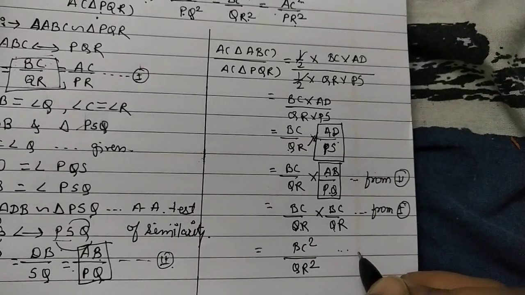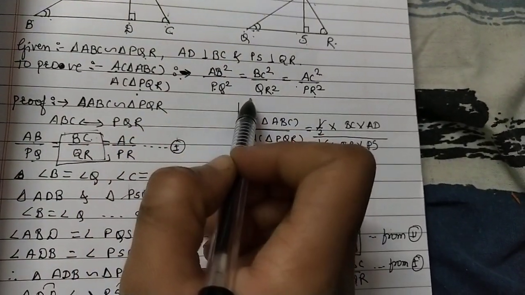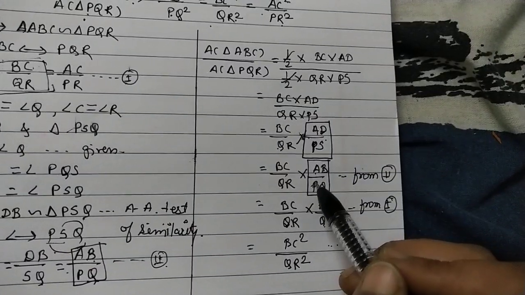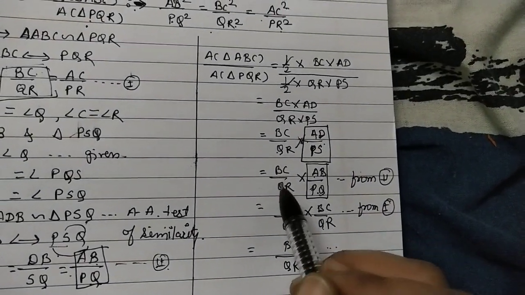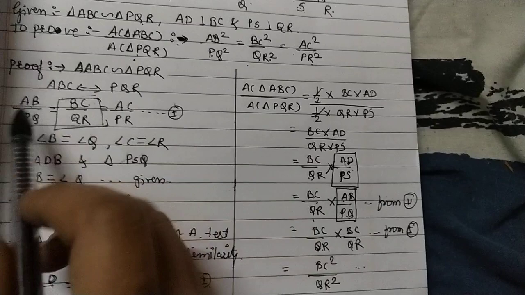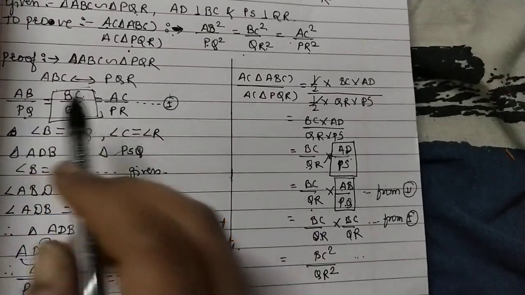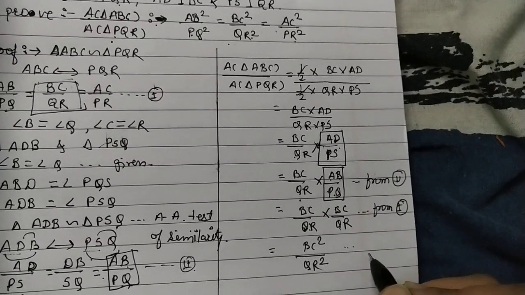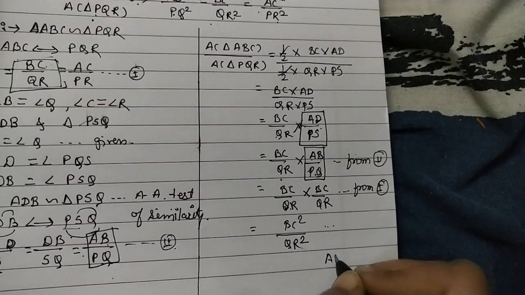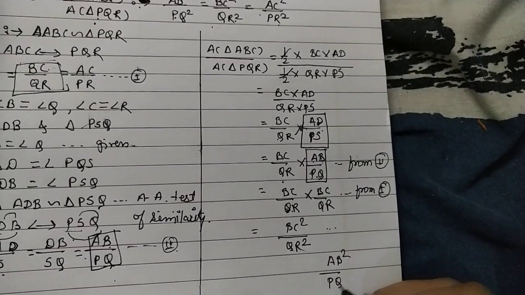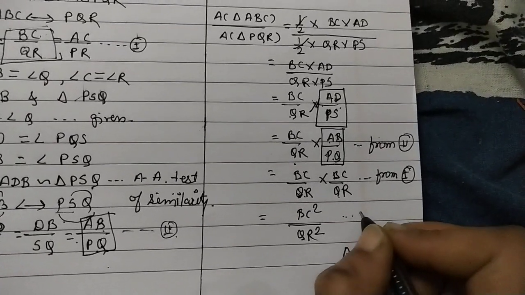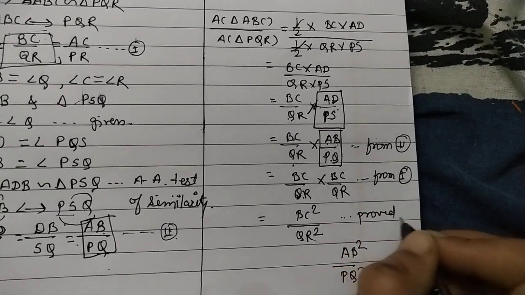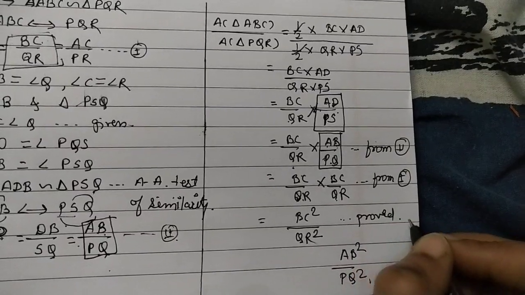That is what we have to prove: BC square upon QR square. And similarly, in place of BC upon QR we can also write AB upon PQ, so that AB upon PQ into AB upon PQ comes, and ultimately you will get the answer AB square upon PQ square. Understood? That is what we had to prove, and we have proved it.